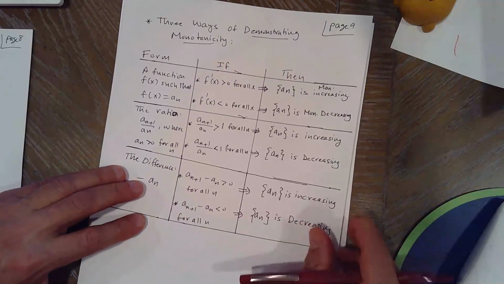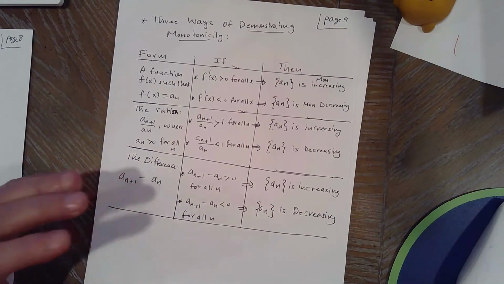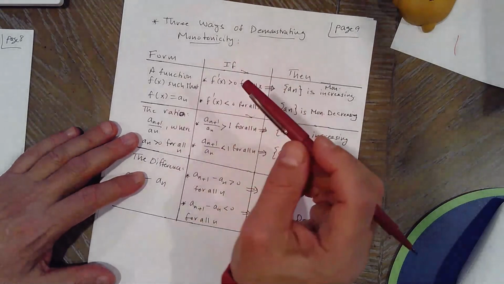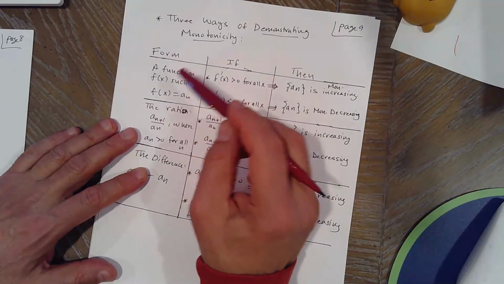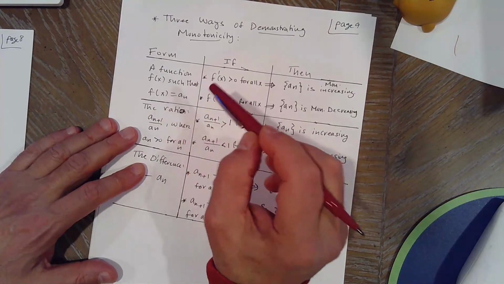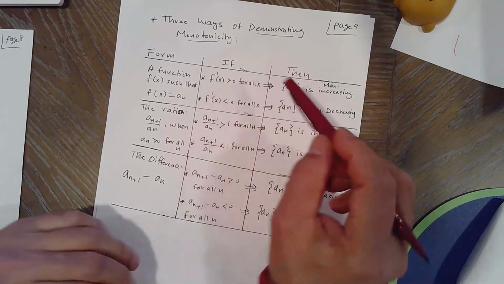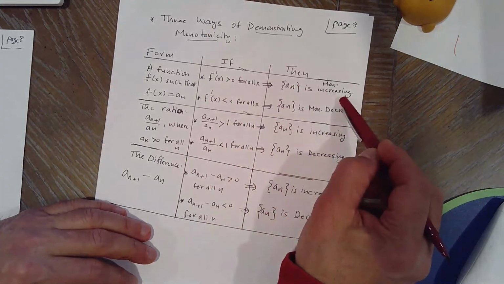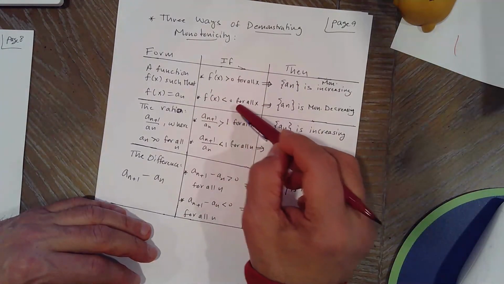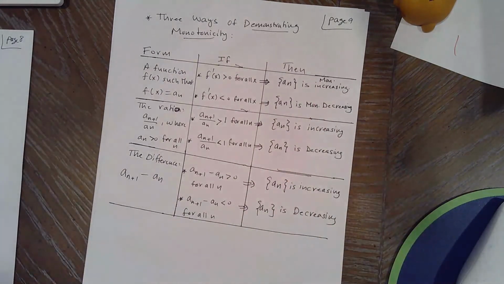I put that in a nice handout for you. How do we determine if our sequence is monotonic? Take a function f(x) such that f(x) equals a_n. If you're using a function, you find its derivative. If the first derivative is positive, as we know from calc, the function is increasing, so the sequence is increasing. If the first derivative is negative, the function is decreasing, so the sequence is decreasing. That's straight from calc 1.